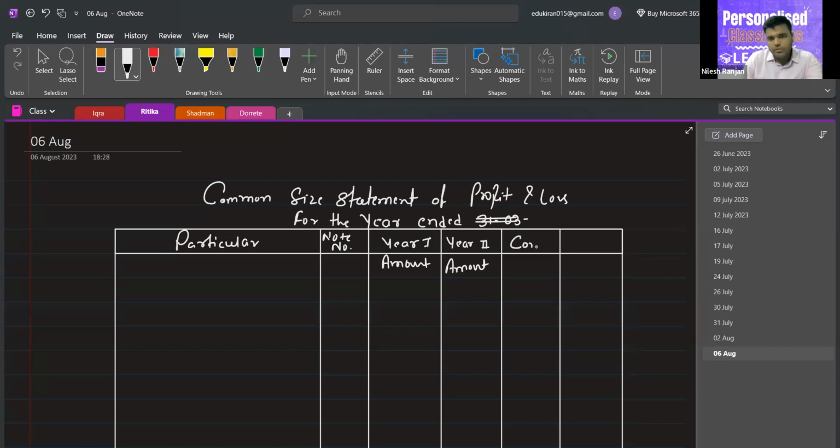Now this column is for common size percentage. And this is year 1, and this is year 2.